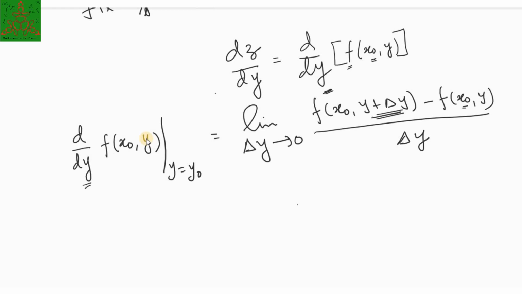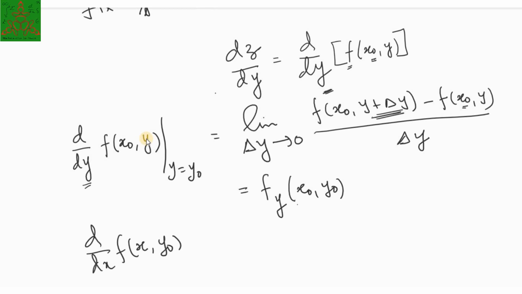So this is actually a partial derivative. This is the definition of the partial derivative of f with respect to y, denoted as fy at point x0, y0. Similarly, d by dx of f of x, y0 at the point x equal to x0 will be the limit as delta x tends to 0.